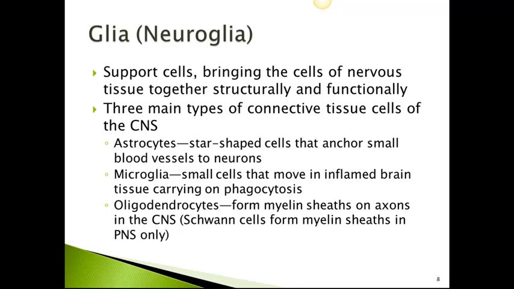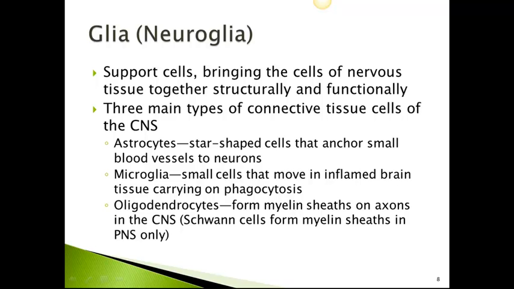Glia or neuroglia, in Greek, glia means glue. So the glia support cells bring the cells of the nervous tissue together structurally and functionally. The glia cells hold the functioning neuron together, they protect them, and regulate neuron function. There are three types of connective tissue cells of the central nervous system.